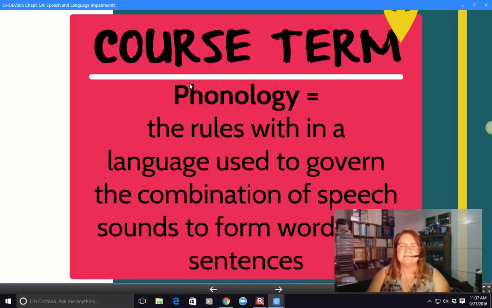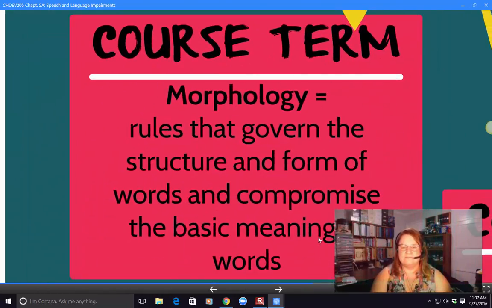So th is th, ph is f, and gy is not even gear, it's j. Combining things together and putting them in a sentence, that's phonology, being able to put things together and understand the sounds.